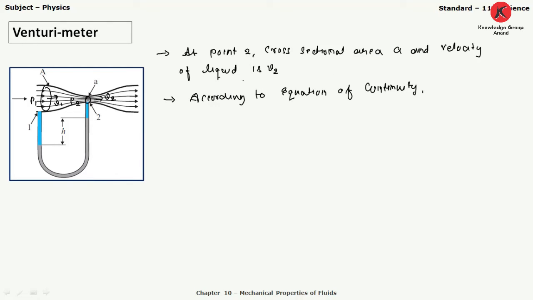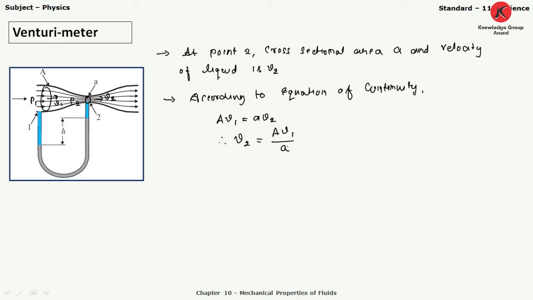According to this, in Venturi meter, we have the area capital A and we have the area small a and velocity V1 and V2. So from that, A into V1 is equal to small a into V2, and from that the equation for V2 is A into V1 divided by a. So this is the equation for velocity V2.